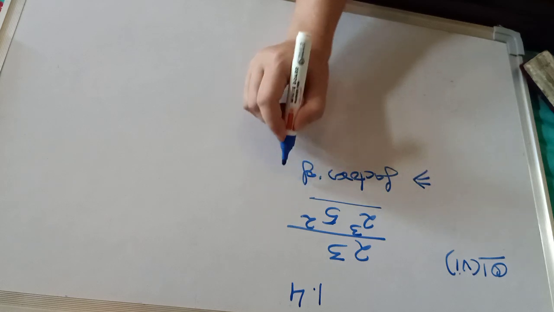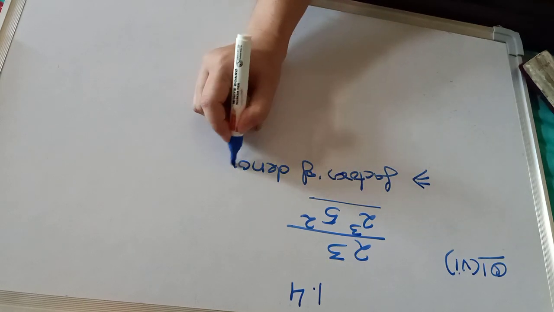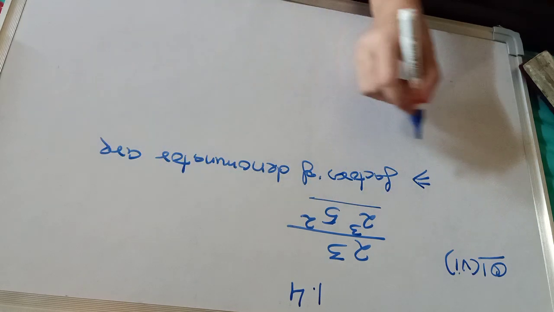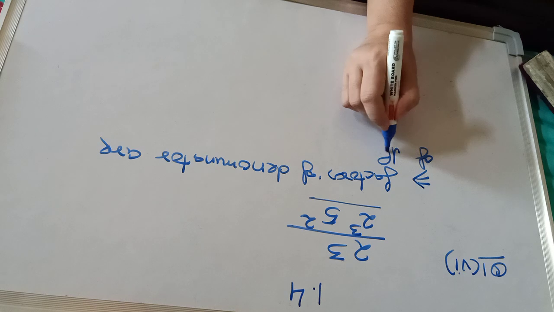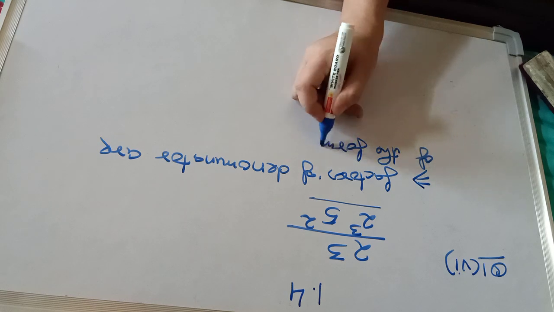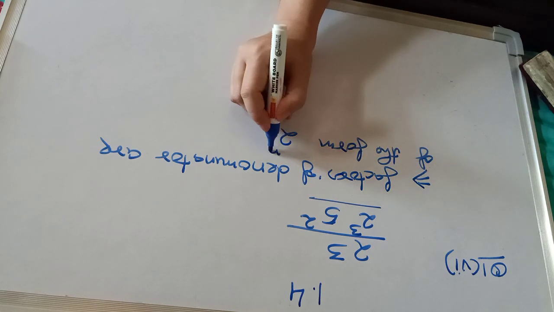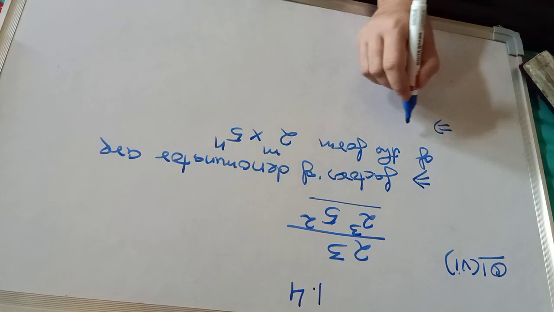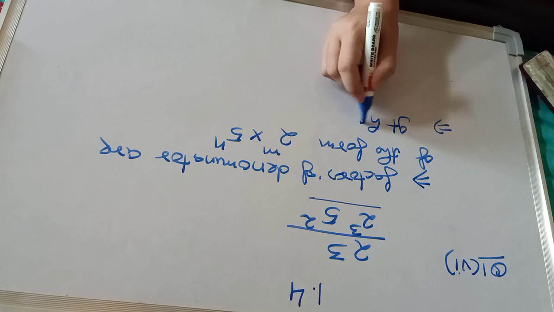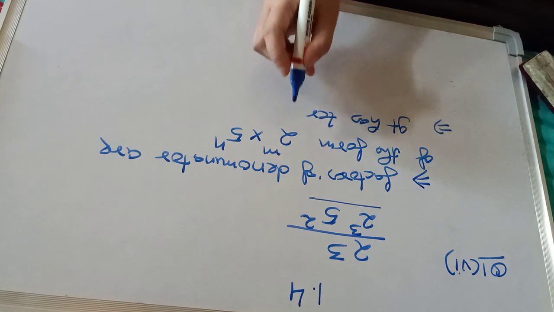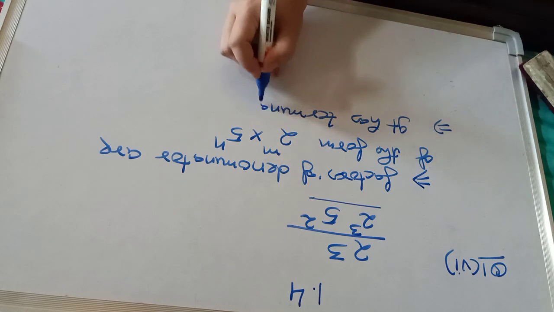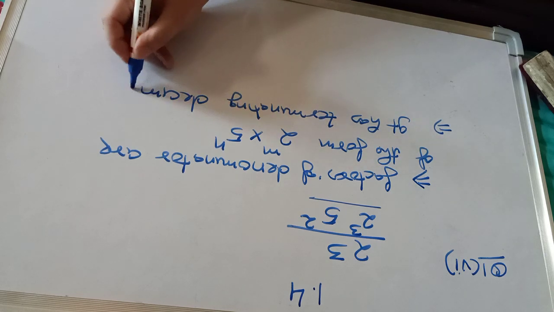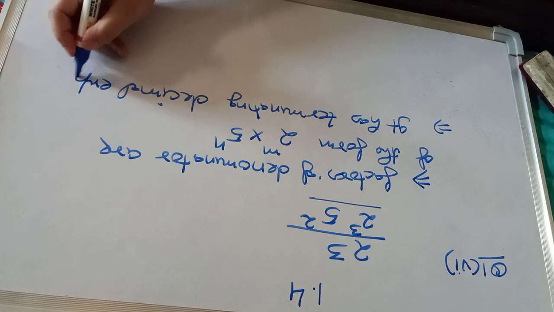Factors of the denominator are of the form 2 raised to power m into 5 raised to power n. It means, yes, it has terminating decimal expansion.